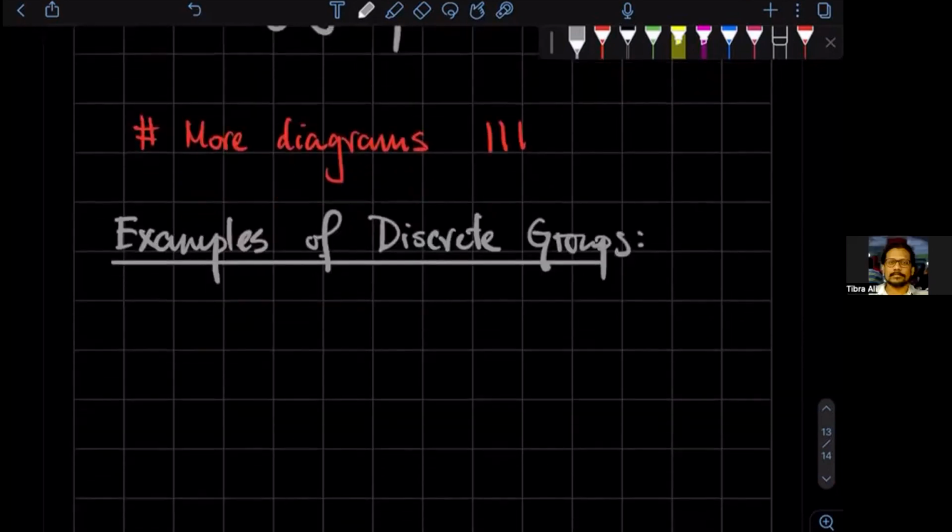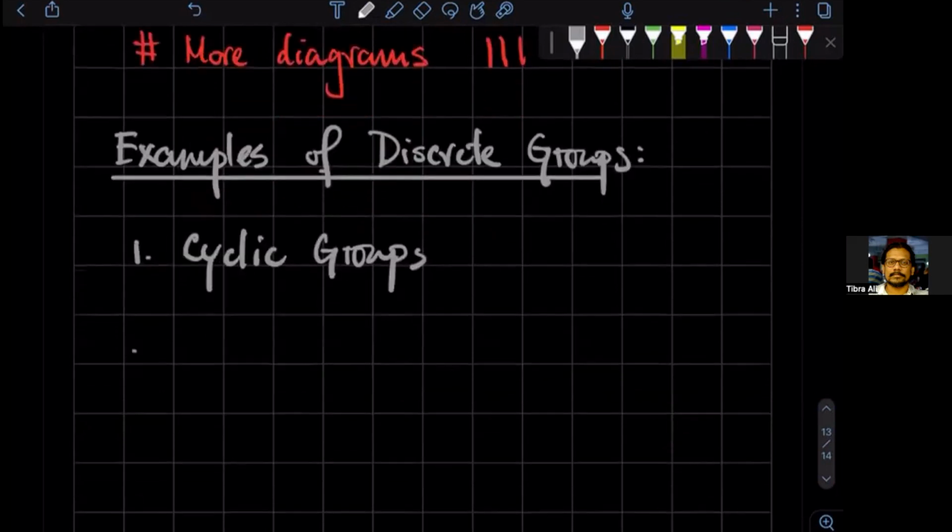So we are going to discuss three types of groups here. The first one would be the cyclic groups. And then we will talk about the dihedral groups.